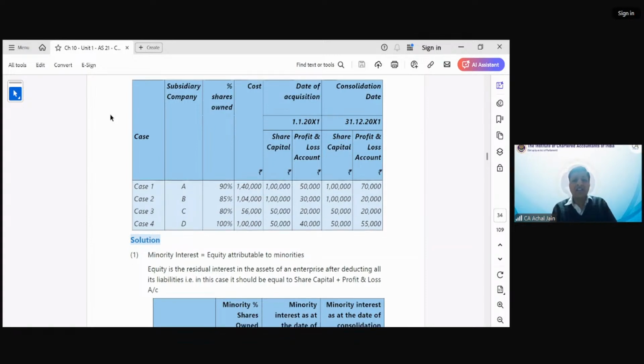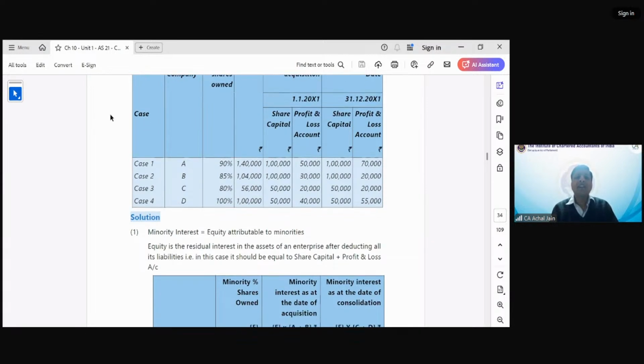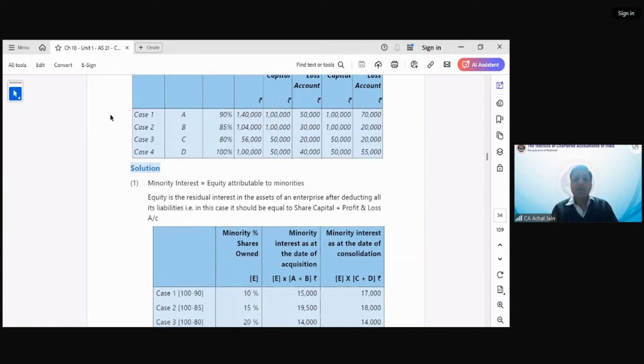The answer is yes. So if we look at this case 1 for subsidiary A, what are the net assets on the date of acquisition? 1 lakh plus 50,000. 1 lakh 50,000. Correct? And what is the percentage holding of minority in this case? That is 10%. Why?